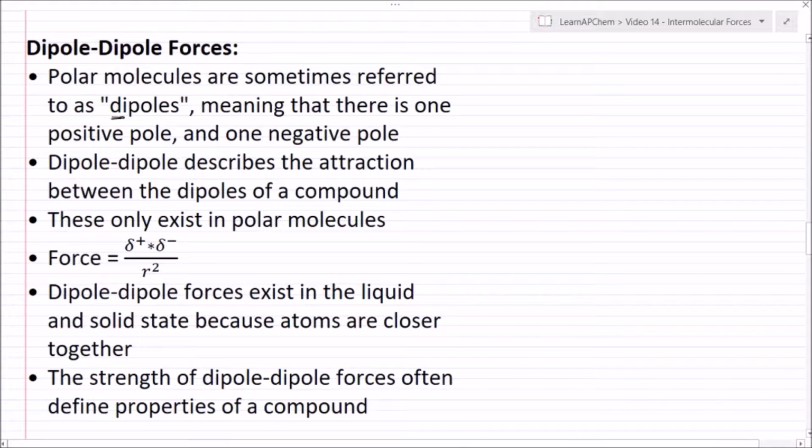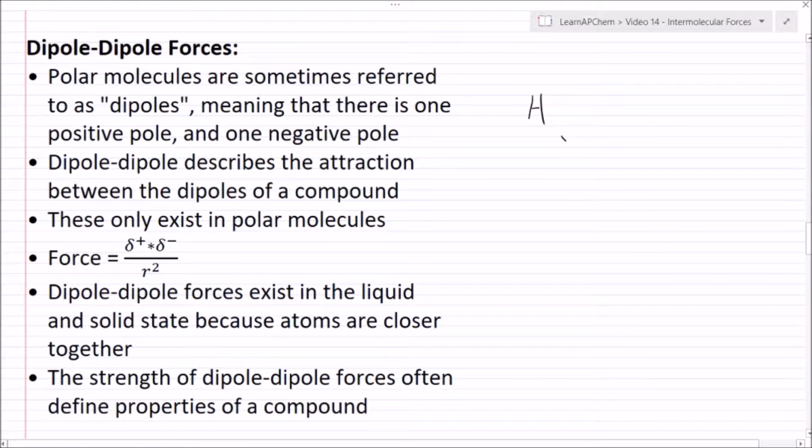Looking at the word, di meaning two, pole, so literally two poles, of course one being positive, one being negative. So dipole-dipole is describing the attraction between the dipoles of a compound.